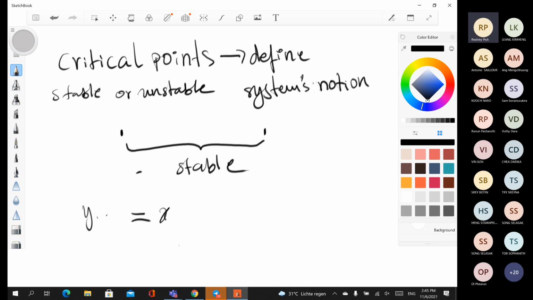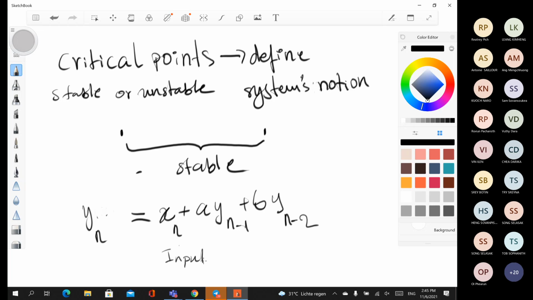We have input x here, plus a y(n-1) plus b y(n-2). Normally, x is the input and y is the output. So in our output, we have y(n-1) and y(n-2). So I have two variables here, a and b.